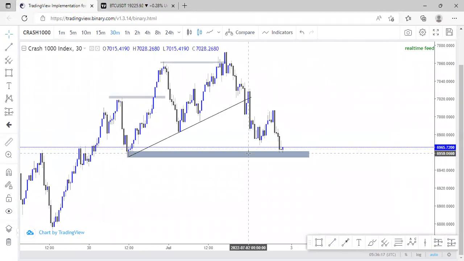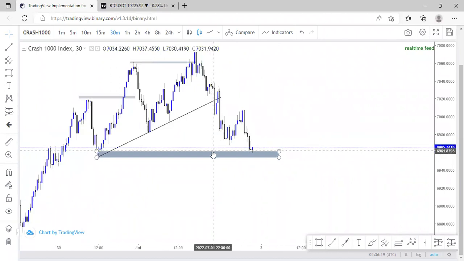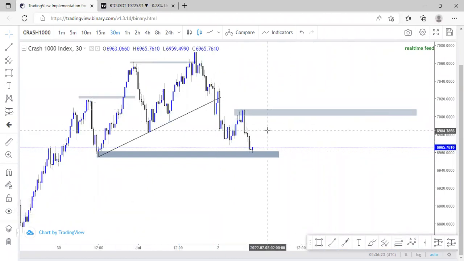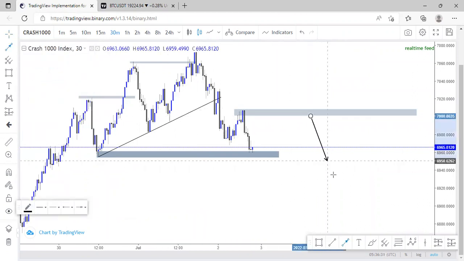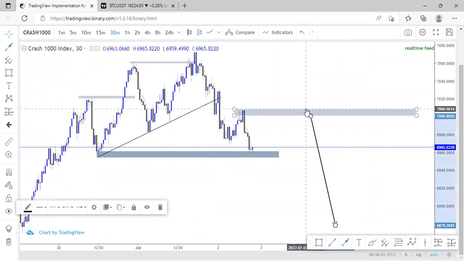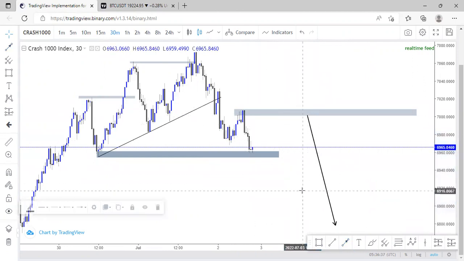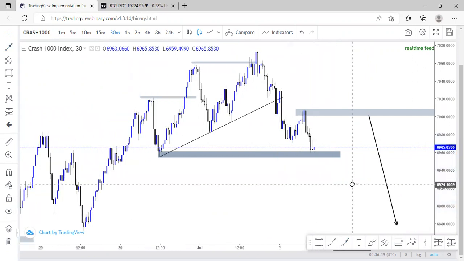If you want to catch a spike, we need the structure to be broken, and then you can consider selling from this point to this point. So from this point to this point, I expect, yeah. So that's basically the analysis on Crash 1K, and I wouldn't want to do all the analysis. I'm actually tired.